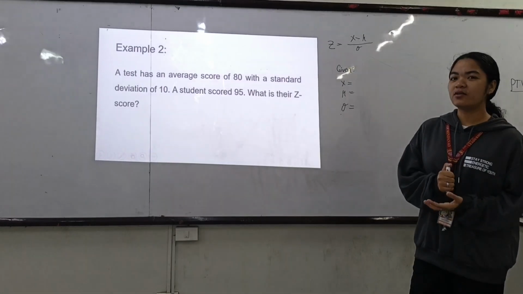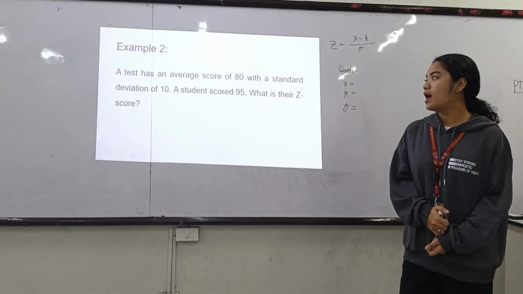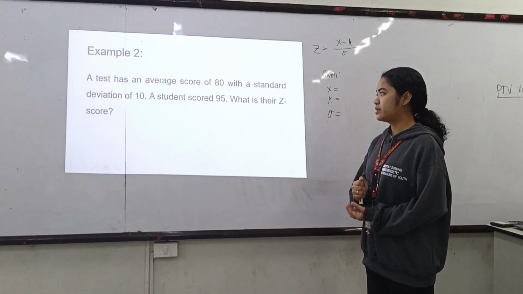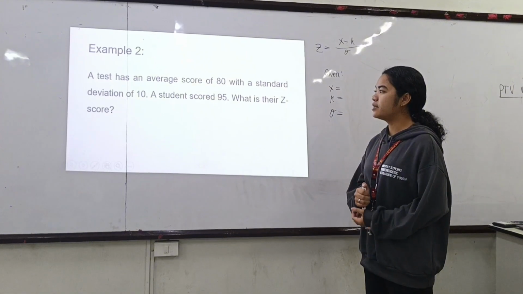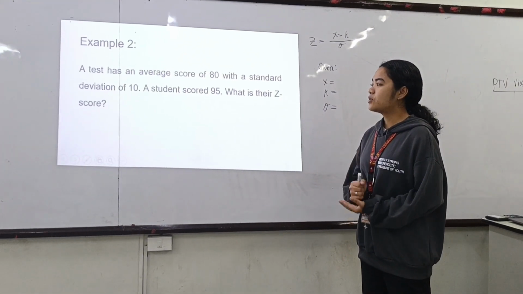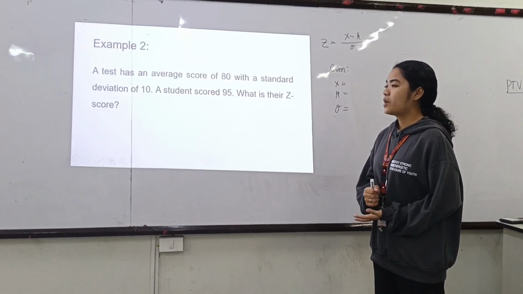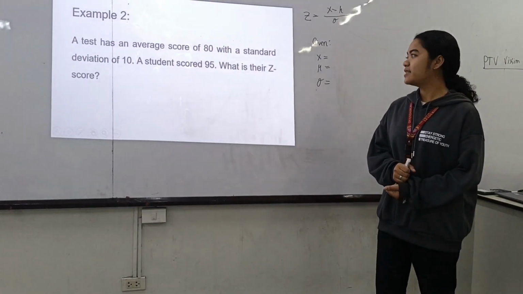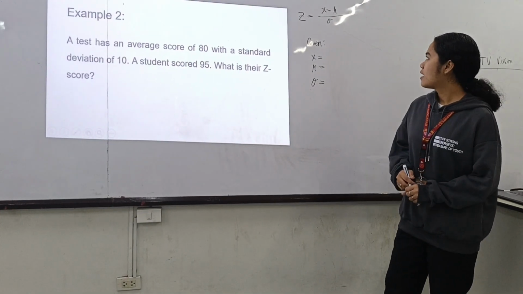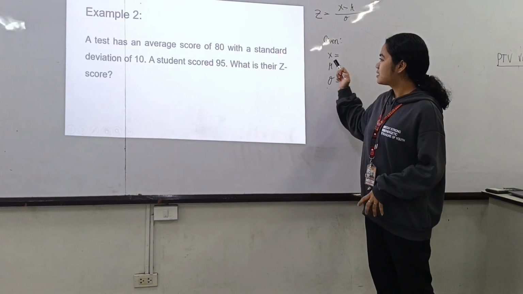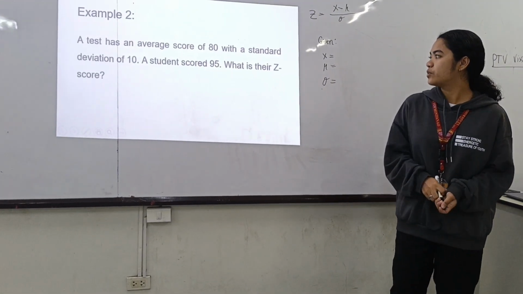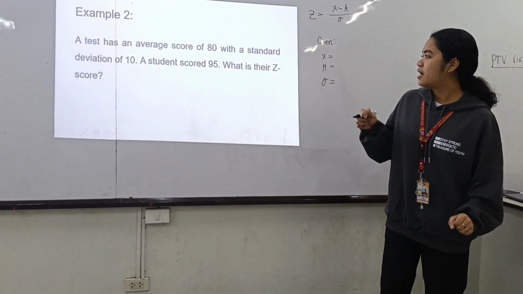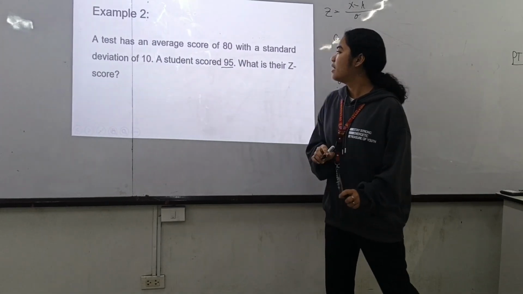So now let's go to example number 2. A test has an average score of 80 with a standard deviation of 10. A student scored 95. What is the z-score? So first, let's find the given. Our x is the test value, which is 95.